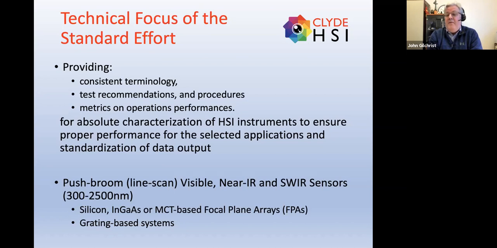In one manufacturer, it means an optical resolution based on the Rayleigh criteria. In another manufacturer, it means the spectral sampling interval, in other words, the number of bands that one might have in the data cube, and so on and so forth. At the same time, how one defines things like smile and keystone and radiometric performances are individually done. And there is a real need then for a harmonization in this.